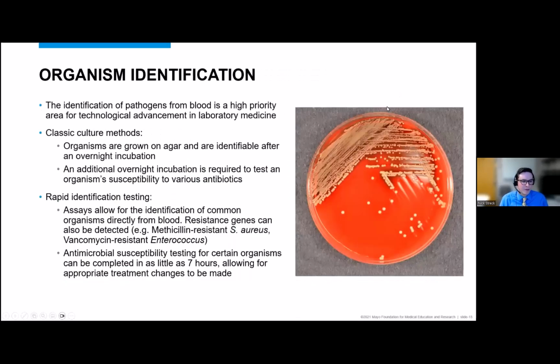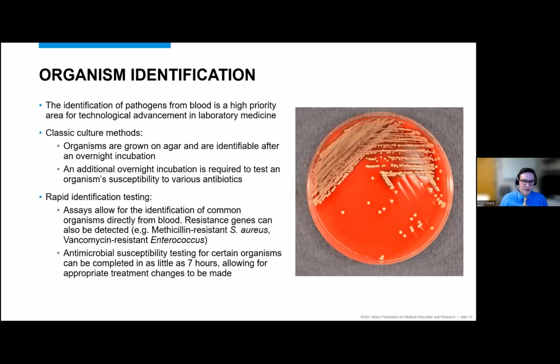Okay, so after reporting out that Gram stain, there are a number of other tests and downstream work that goes on with these positive blood cultures that can help provide even more information to the clinical team. One of the things that we can do is classic culture methods, where we take that blood broth mixture, put that on agar plates, and incubate these in the appropriate environment to wait for bacterial growth, which is usually at least an overnight incubation.